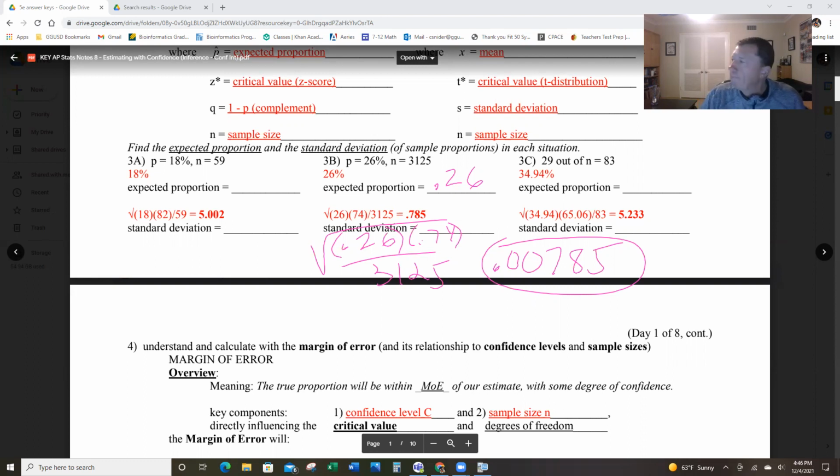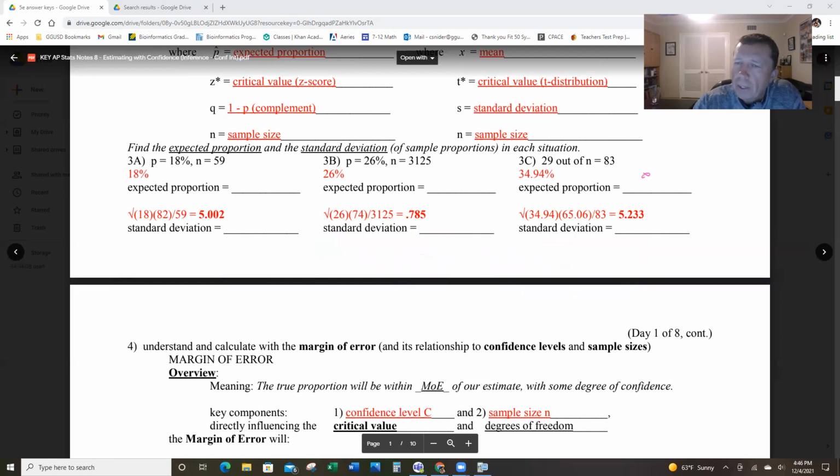All right, next one is this one. So this is 0.3494. How did I get that? I went 29 divided by 83, that's all. Now, what's a pain about this is I got a bunch of numbers here. I would just round it 2 spots. So I'm going to say 35%.